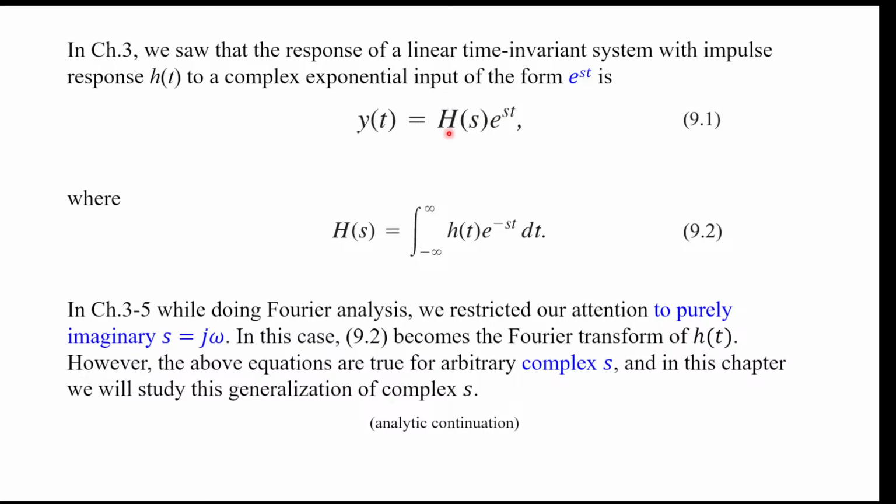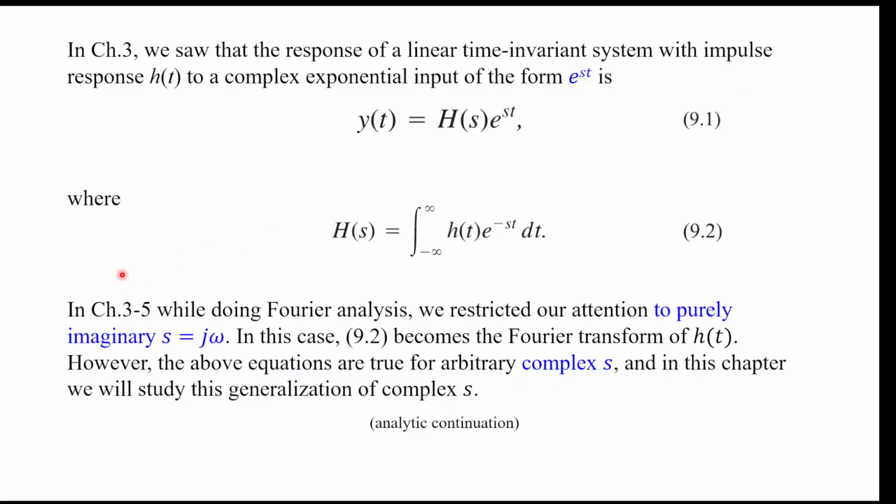The eigenvalue H of s can be calculated from the impulse response h of t of your LTI system in this way: H of s equals the integral from minus infinity to plus infinity of h of t e to the minus st dt. In chapter 3 we derived this for any s, so s can be any complex number.